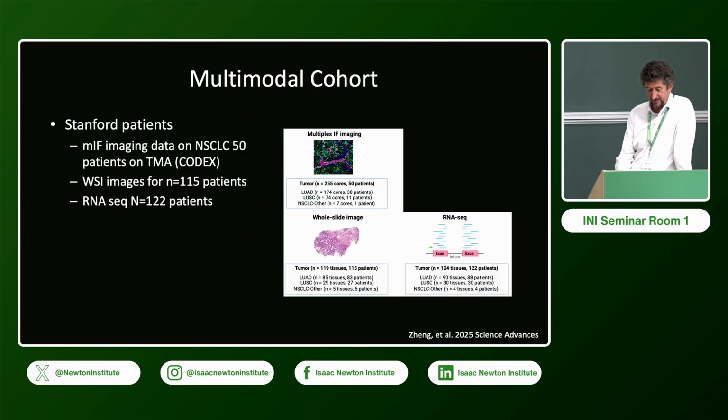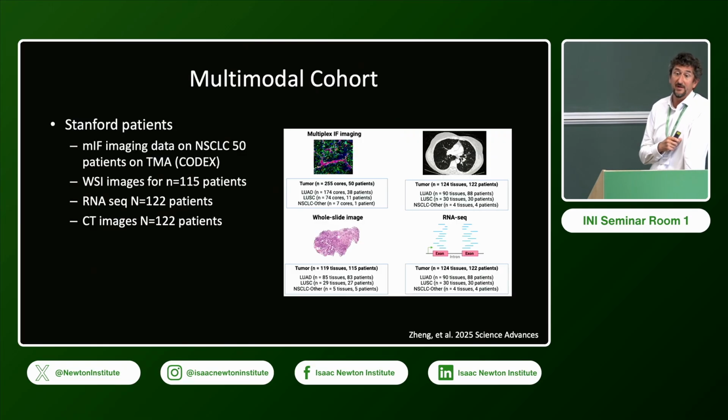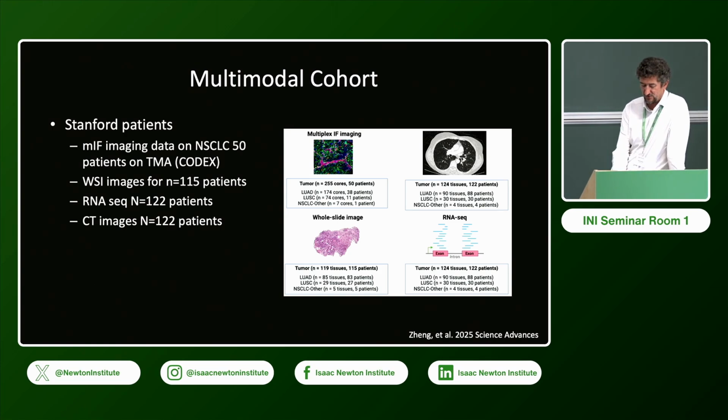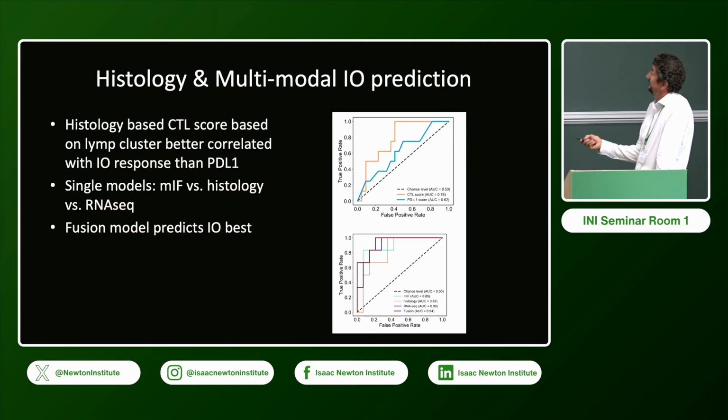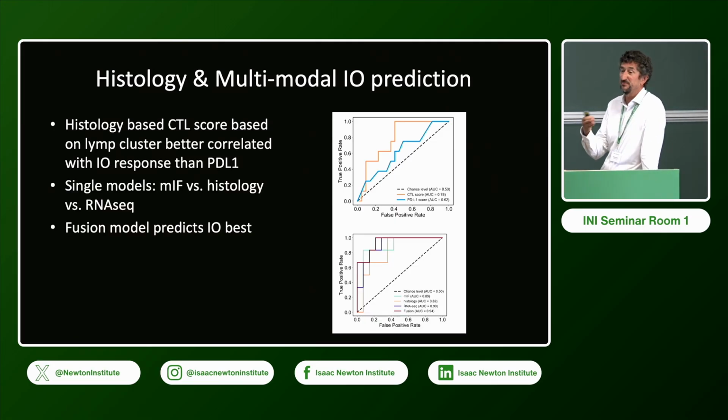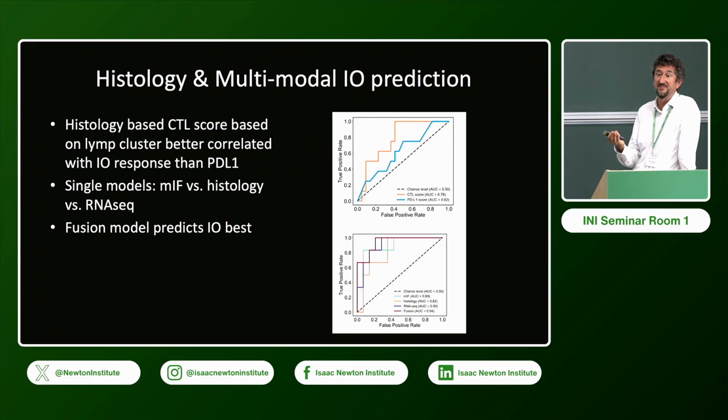More recently, we've also done multimodal modeling in the context of immunotherapy response prediction, where we essentially combine whole slide images with RNA sequencing and spatial proteomics data, showing that when you combine features that predict immunotherapy response across all these different modalities, we had essentially the best result in terms of predicting outcome.